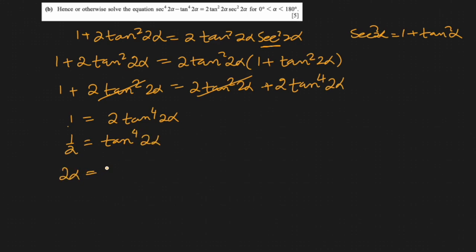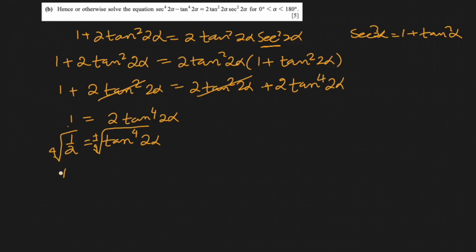That means 2 alpha is tan inverse. Okay, first we should not do directly. We should find fourth root of this and fourth root of this, so that this goes. And it will not be only positive, it will be positive and negative both.